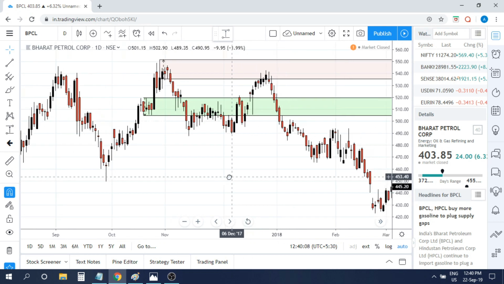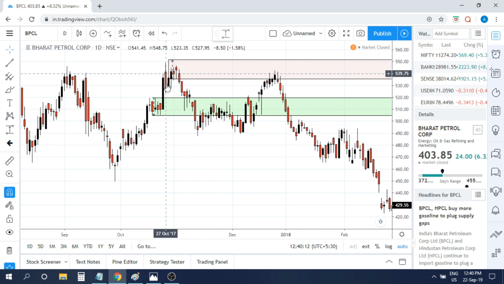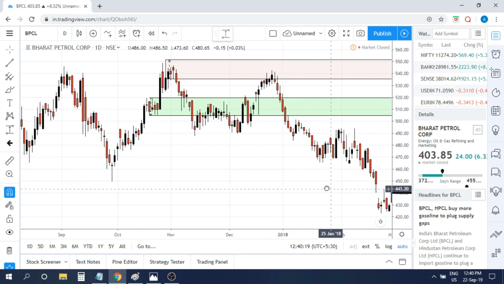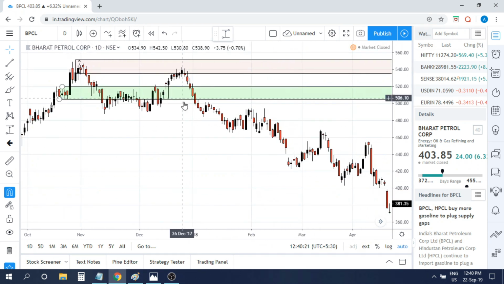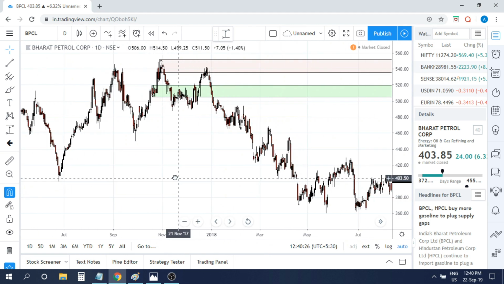Since the institutions did not get their complete fill over here, it went back up to pick up the pending orders, got its fill, and then took price down. Price moved down, and this became the top of the chart.